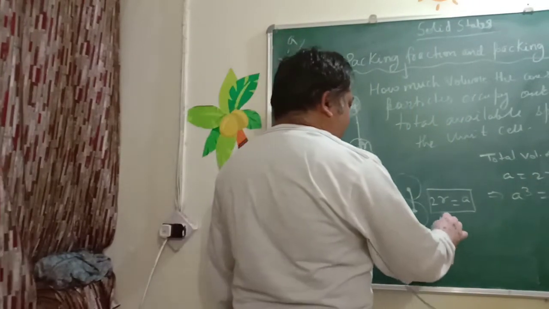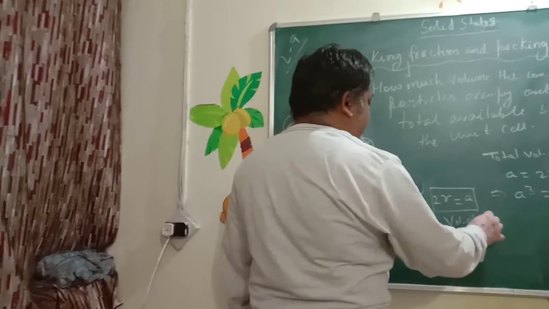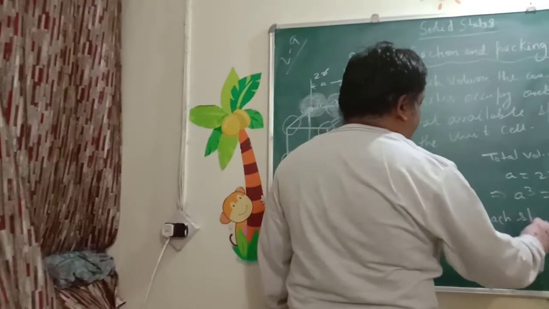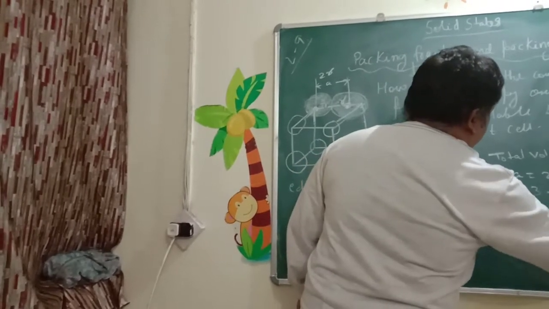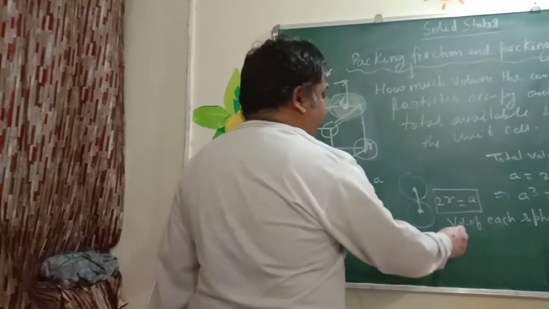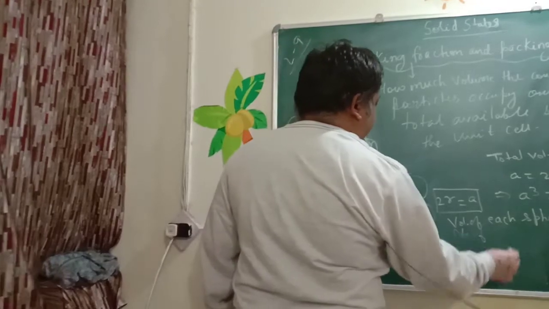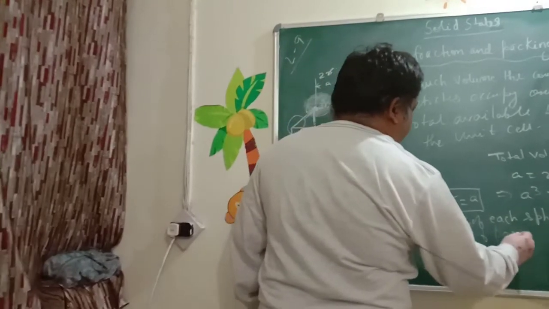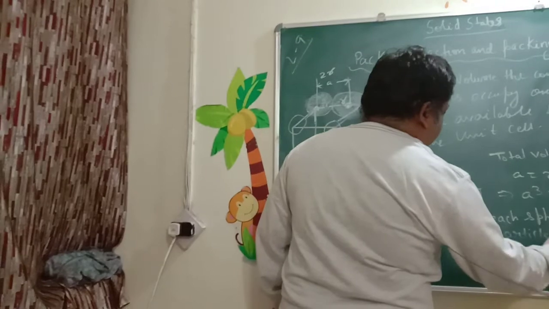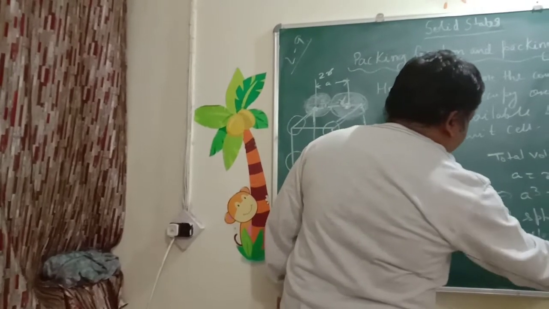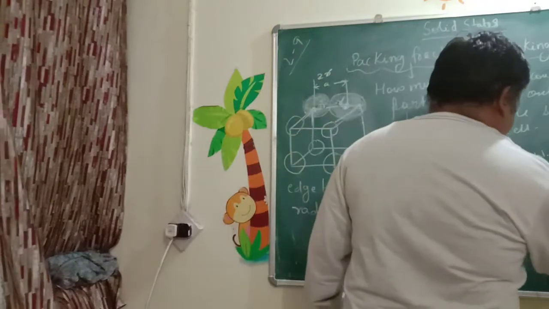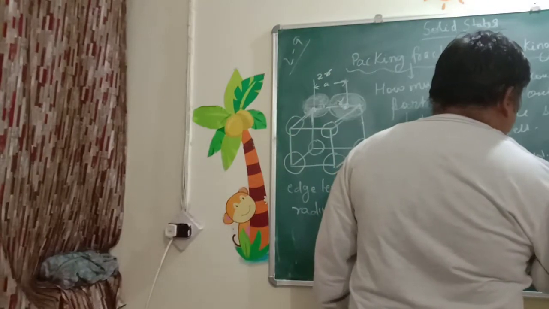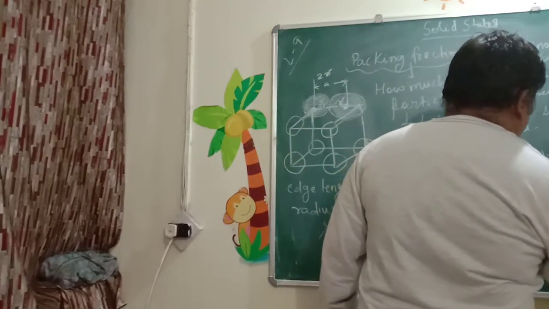And the volume of each sphere is equal to 4 by 3 pi r cube. The number of particles in a simple cubic structure is equal to 1, as we have seen earlier.